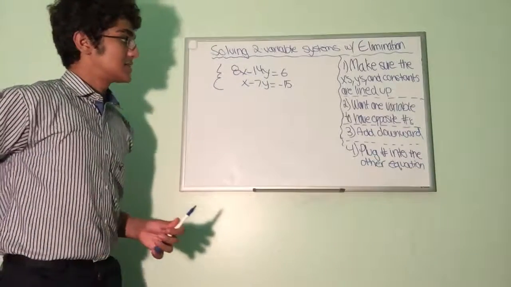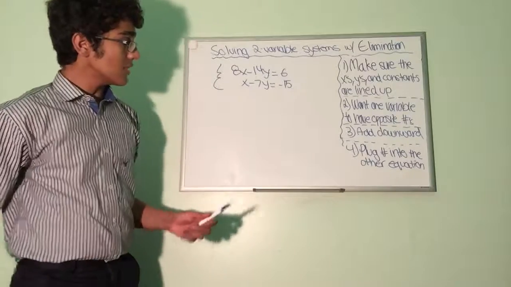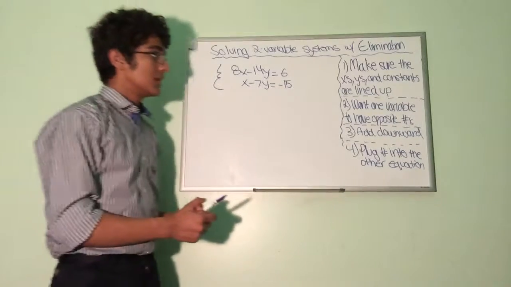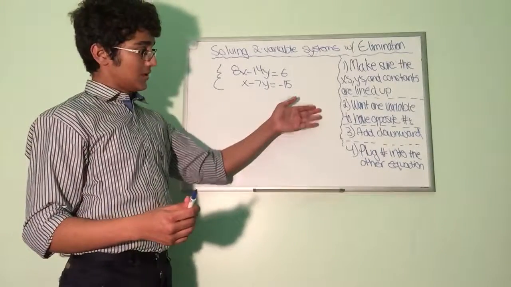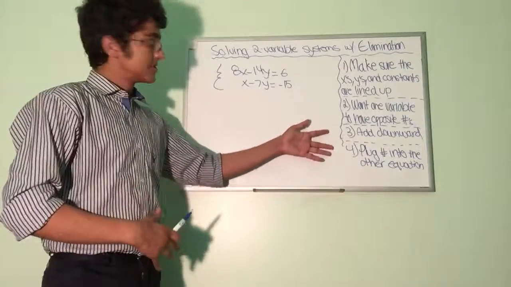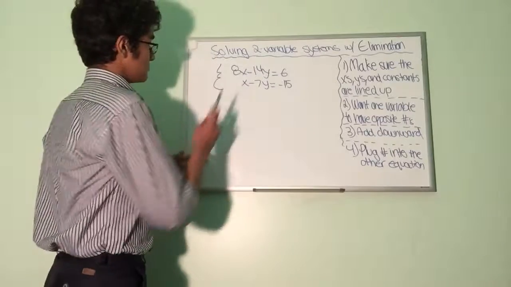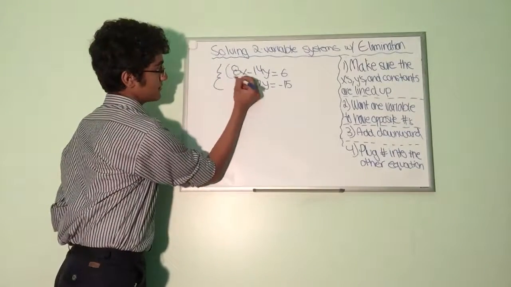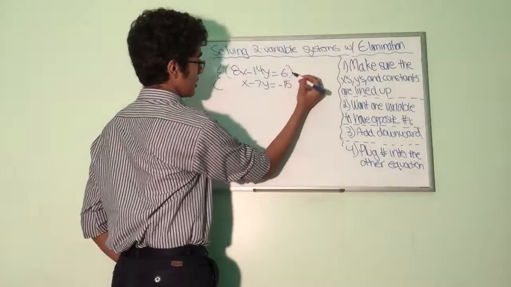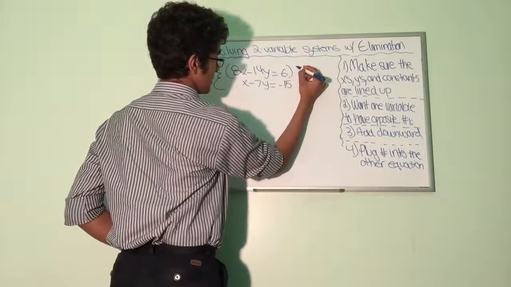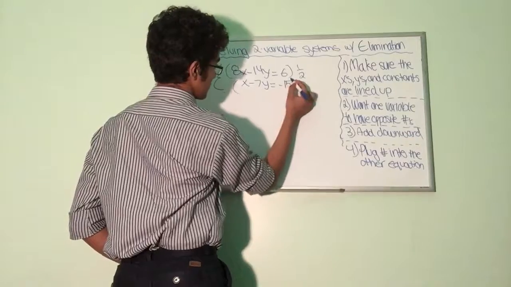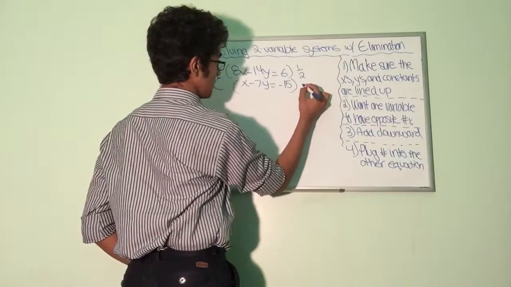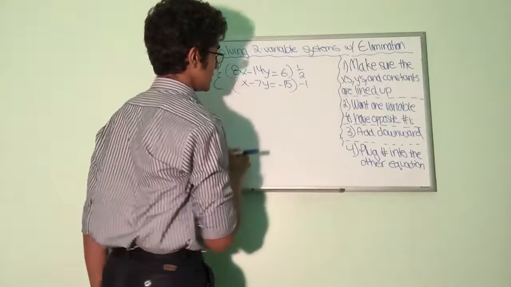And the second step is telling you to have one variable have opposite numbers. In order to have one variable have opposite numbers, you would need to multiply this equation by 1/2 and this equation by -1.